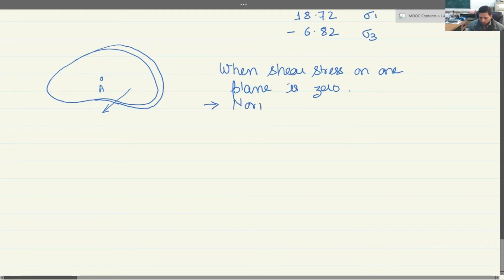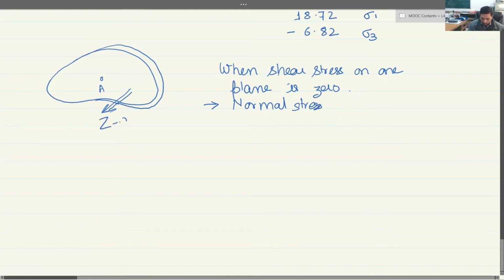Normal stress, so this becomes the principal stress in that direction because there are no shear stresses. We are not talking about the other parallel directions, but along this particular direction. For this particular direction, we have only normal stress acting, and therefore this becomes the principal stress.